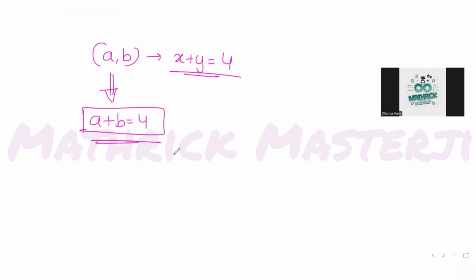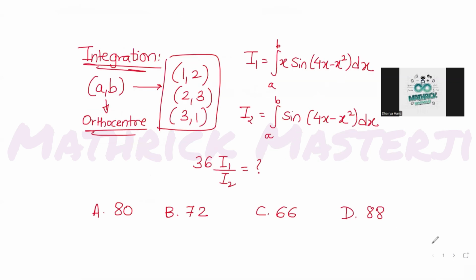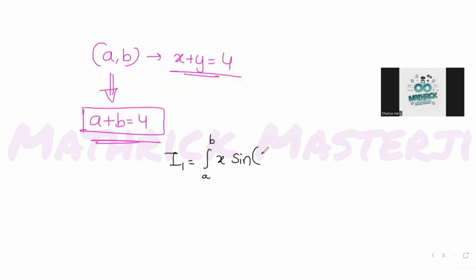Now that I have a plus b equals 4, let's solve the question given to us. The question said that I1 is the integral from a to b of x sin(4x minus x squared) dx.